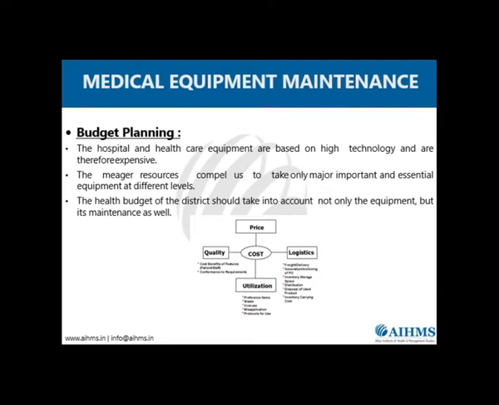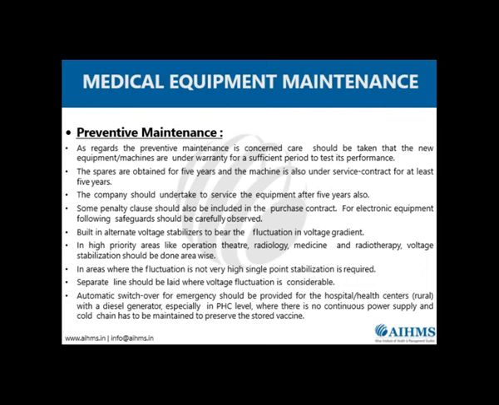Then what about the preventive maintenance? Like I said, you prevent the machine from getting decayed or from getting distorted. That's why you would keep the things calibrated so that it gives you accurate information. It works well, the validity and the reliability of the machine is good, and it should be able to serve the purpose for which it is bought.